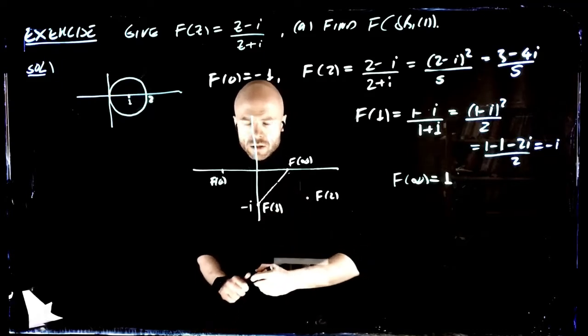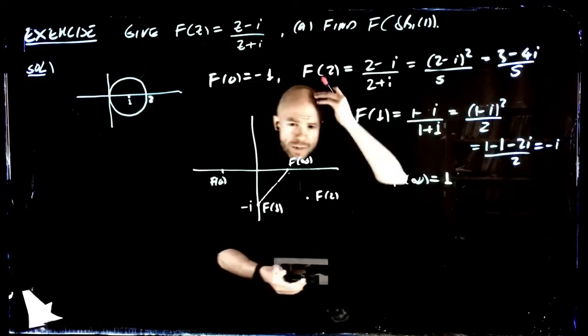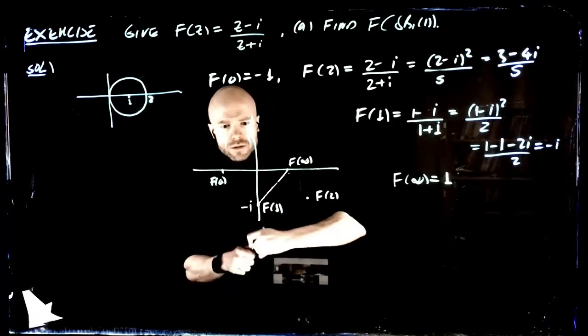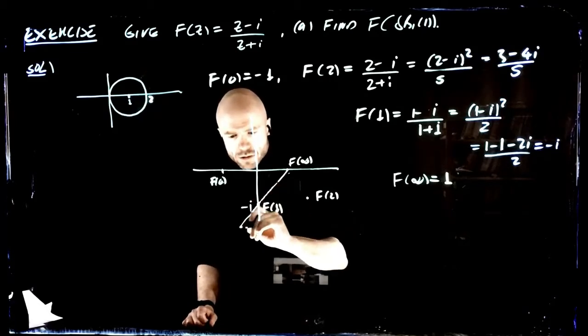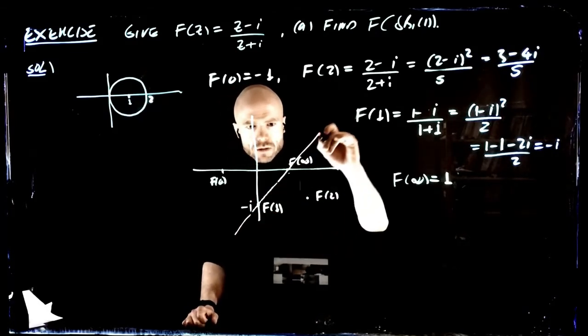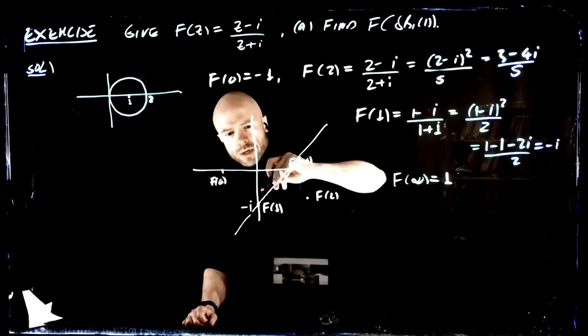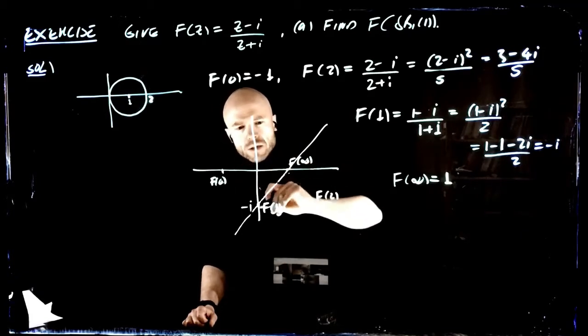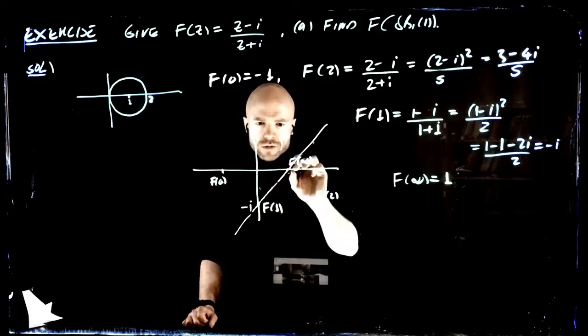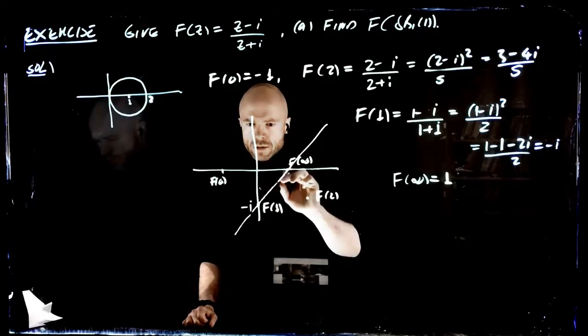So if it's symmetrical with respect to the circle, that means that the circle is going to have to cross this perpendicularly, so the center of the circle is going to have to be somewhere on this line here.